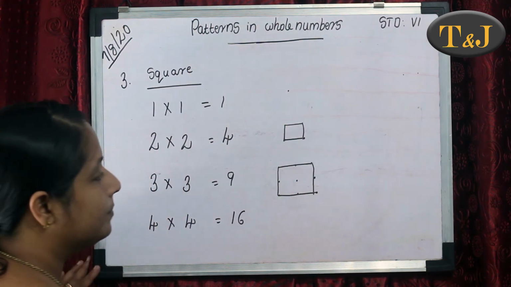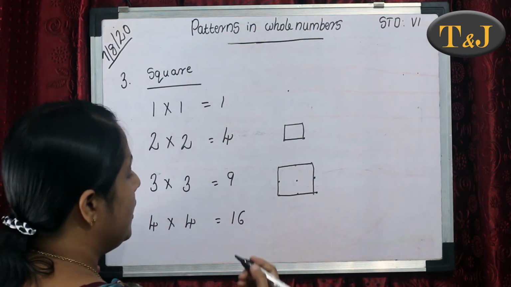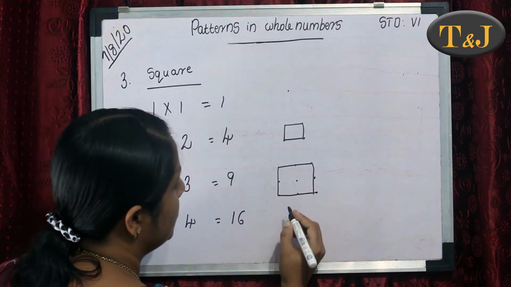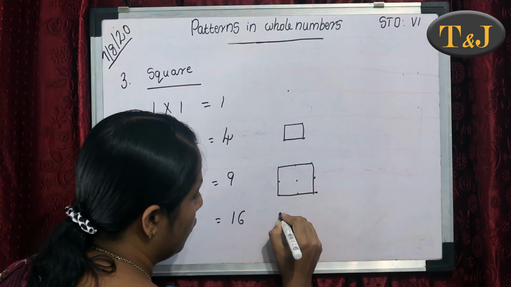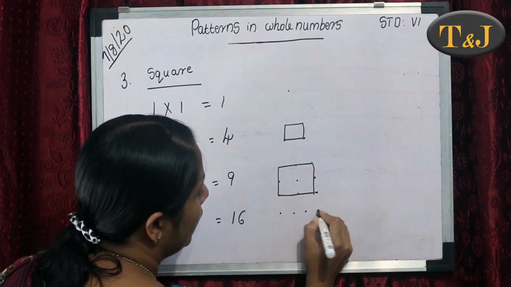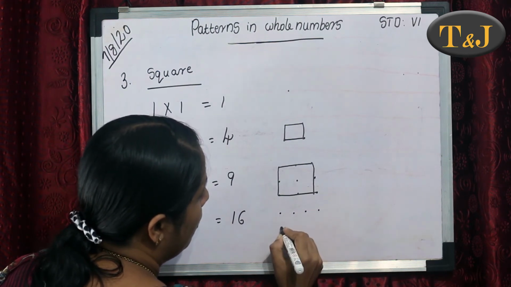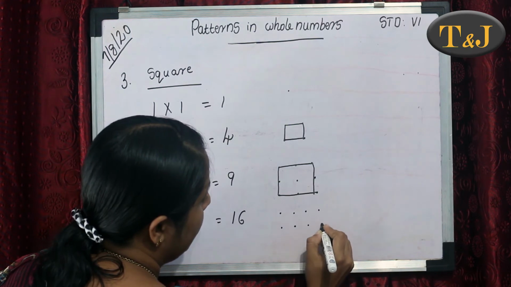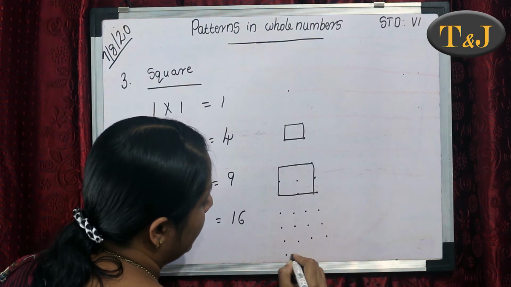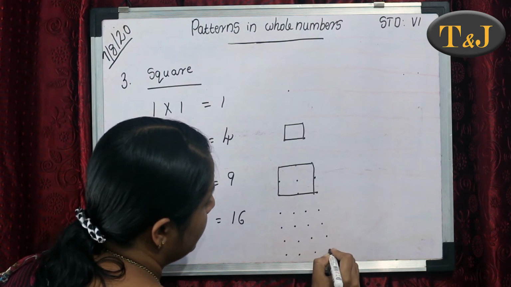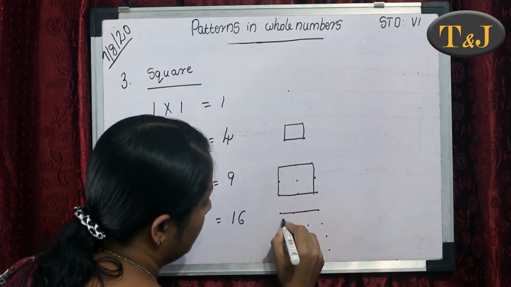So we get a square. Next is 4 into 4 equals 16. So put dots in 4 rows and 4 columns. Write 1, 2, 3, 4, 5, 6, 7, 8, 9, 10, 11, 12, 13, 14, 15 and 16. So joining these dots.